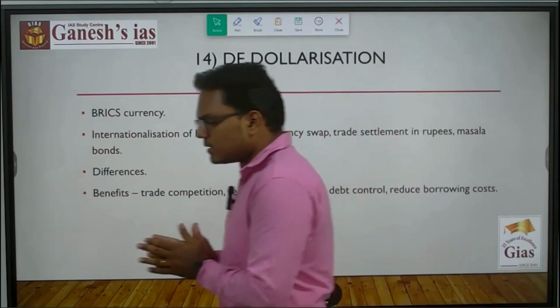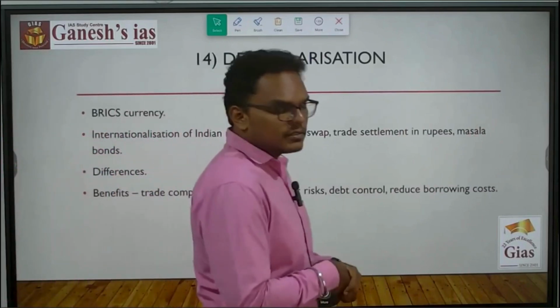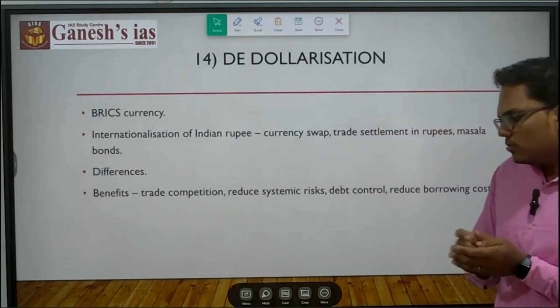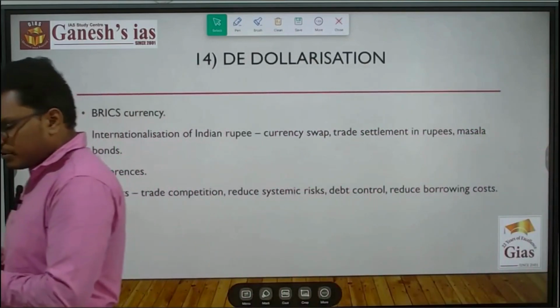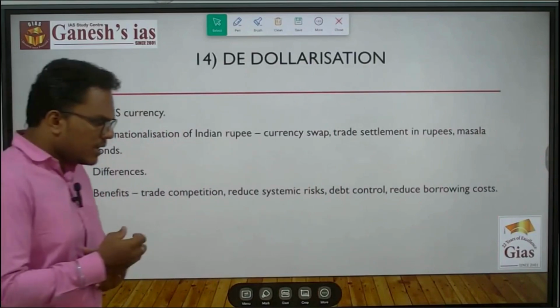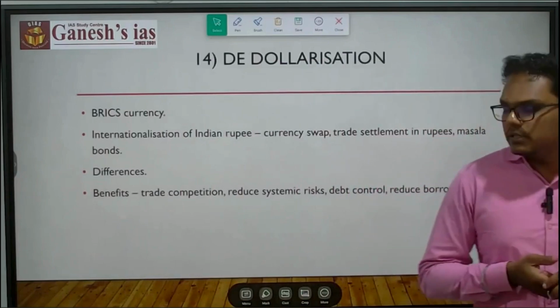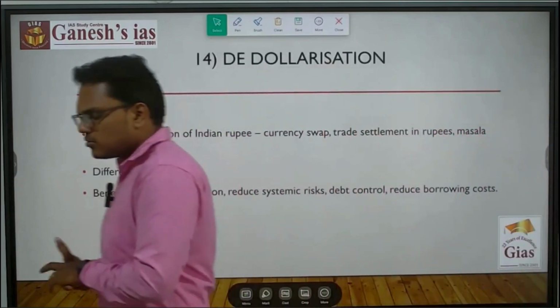These are some of the steps that we have taken for internationalization. One is your currency swap, which I just said. Then India is engaging in agreements with countries to settle transactions in rupees. As I said, we are paying Russia for its oil in rupees. And through masala bonds also you are promoting internationalization of the rupee.